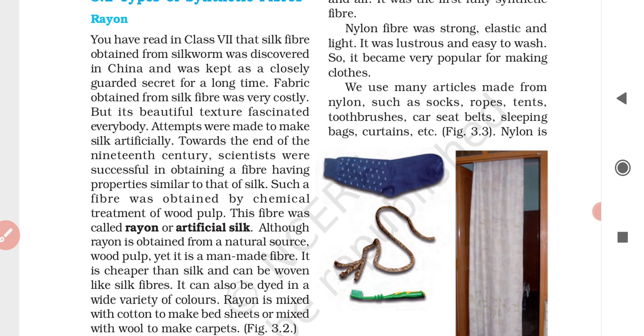So attempts were made to make silk artificially, which would be cheaper than natural silk. Towards the end of the 19th century, scientists were successful in obtaining fibers having properties similar to that of silk.